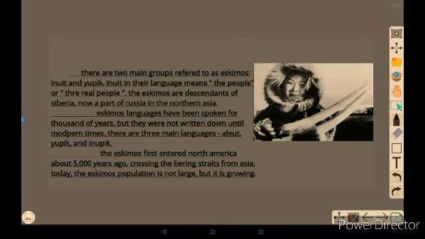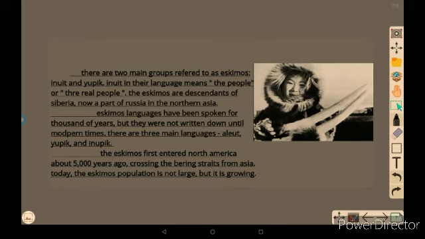About 5,000 years ago, they entered Northern America first, crossing the Bering Strait from Asia. The Bering Strait was a way of going from Asia to Northern America. They were living in Asia, then they entered Northern America.